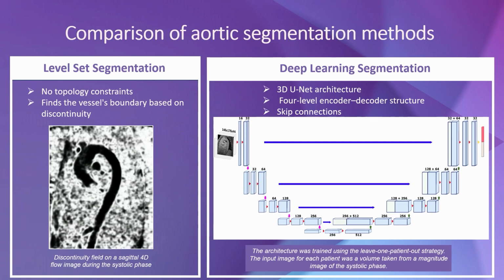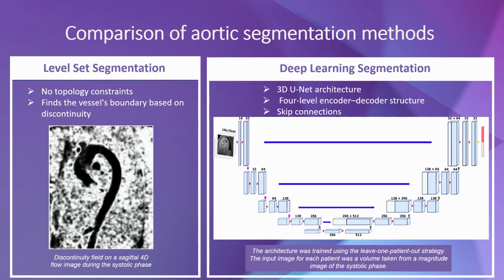So in this comparison, we use 36 patients with thoracic aortic aneurysm, and we only use one frame of the cardiac cycle. The systolic phase was used in order to generate the segmentation.